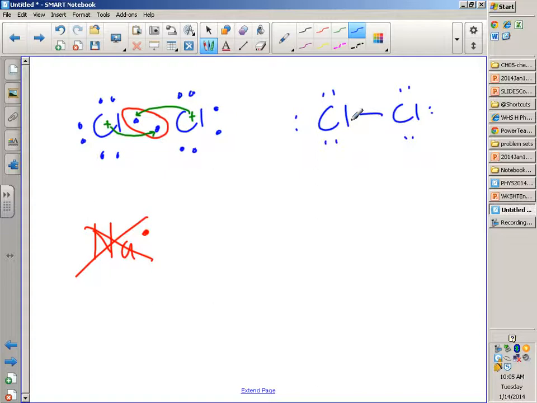We call this the structural formula. That's messy, but that's what it says. Structural formula. Good there? So the line always represents a pair of shared electrons.